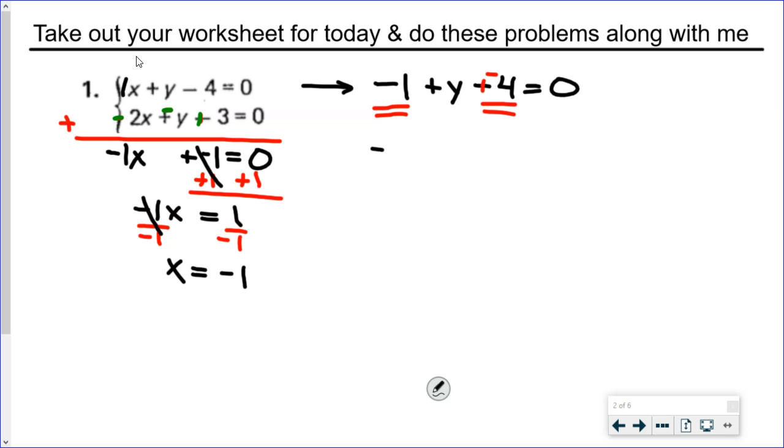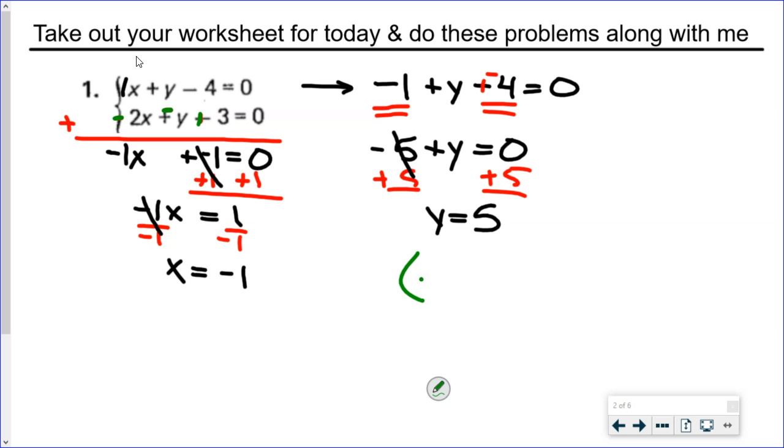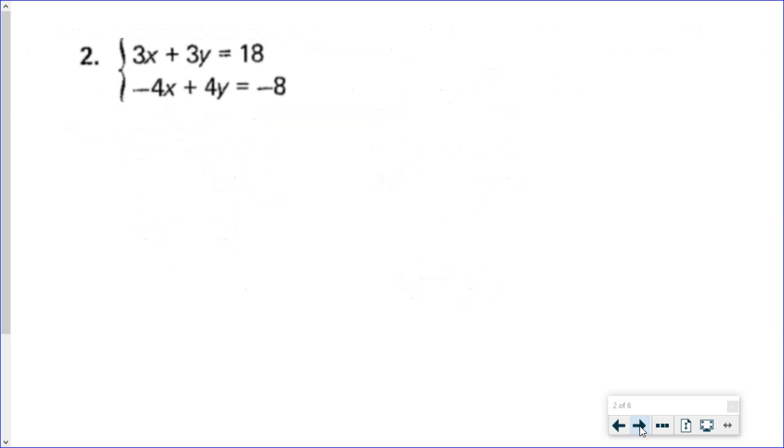So I have a -5 plus y equals 0. Adding 5, y equals 5. So I know it looked weird at first. But it's not bad at all. Okay, take that in for a minute.